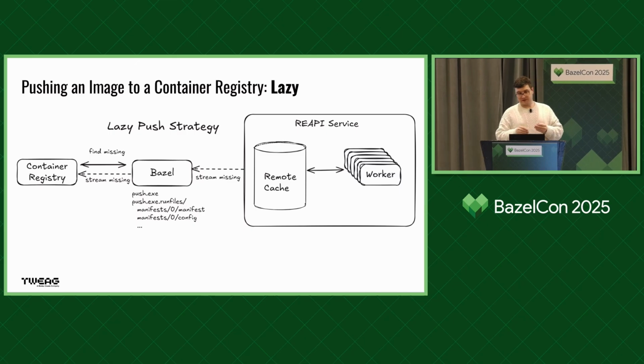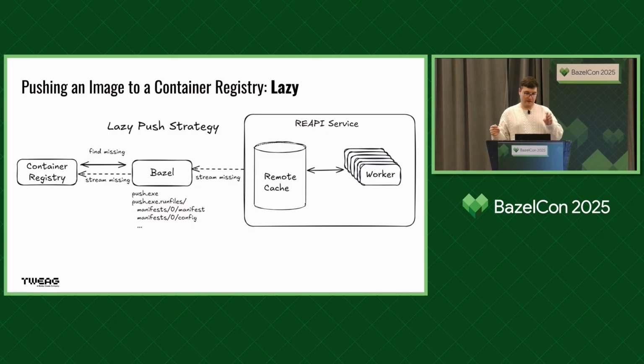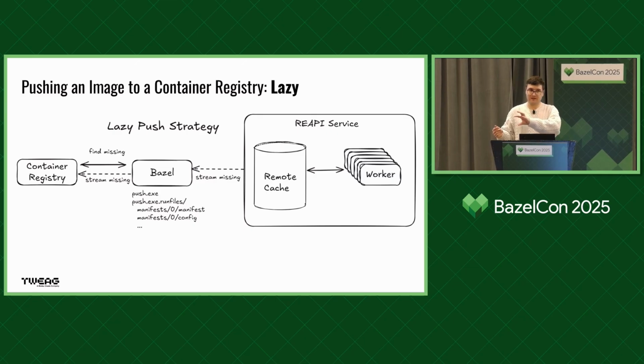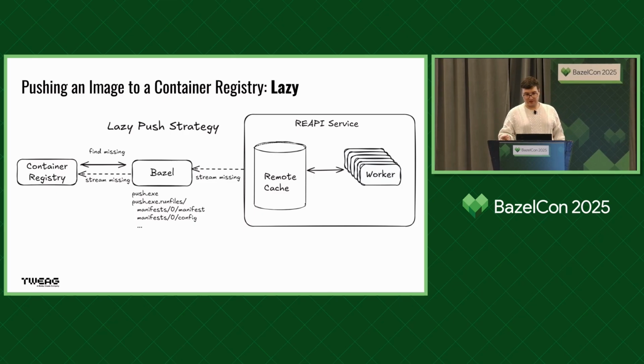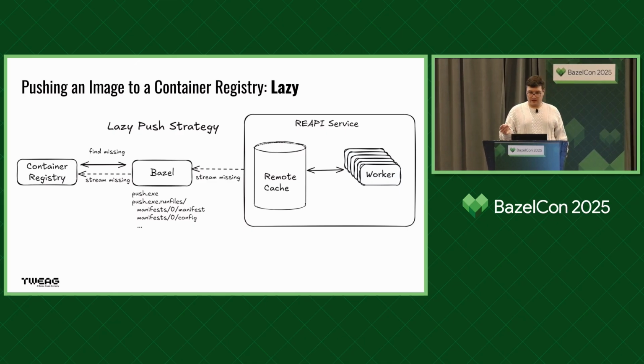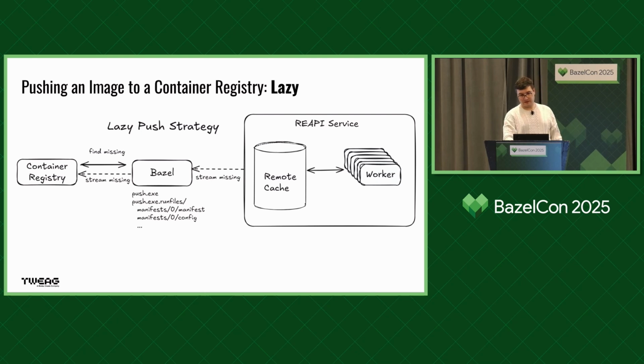So what we do now is the push target, this binary, it talks to the container registry, it figures out which of the layers still need to be uploaded, and then it talks directly to your Bazel remote cache, and it will just stream the missing layers directly from the remote cache and then to the container registry. And for incremental builds, this is a huge improvement. It means that for the most part, you can just stream a small layer at the end to the registry, but all of the existing layers don't need to be downloaded.